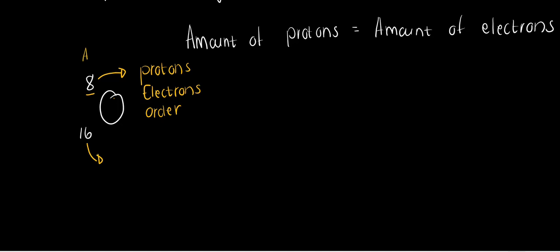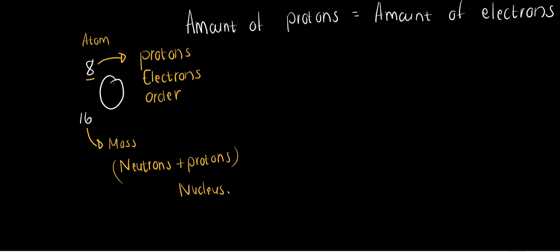Then your mass number now. Mass number stands for your number of protons and neutrons, and that is found in your nucleus. Yes. So guys, you will also see it is in group 6 of your periodic table.